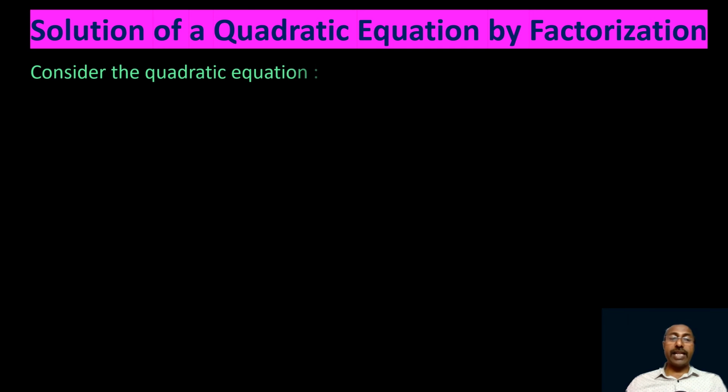Now consider the quadratic equation 6x² - x - 2 = 0. Now let us discuss how to solve the quadratic equation by the factorization method. Here, by comparing this equation with the standard form, a = 6. What is a here? The coefficient of x² is 6, and what is b?